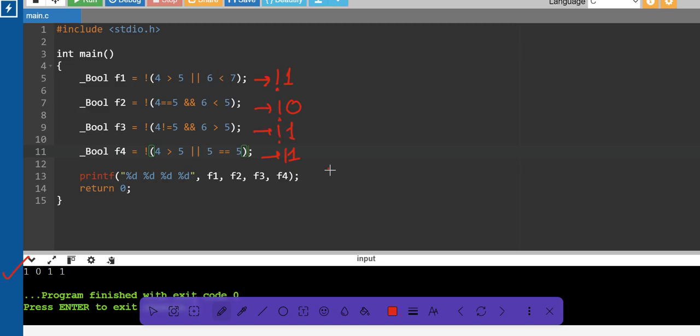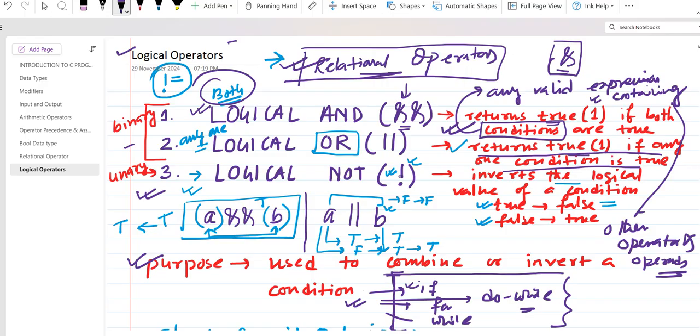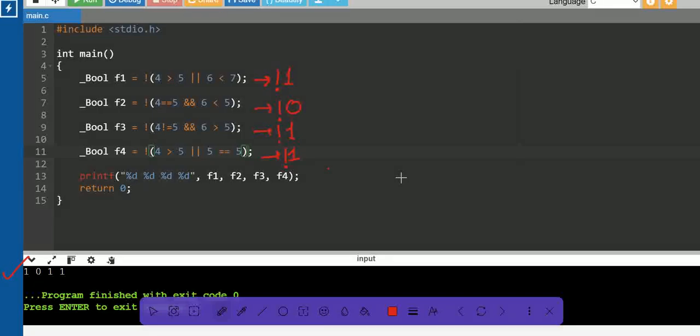Let's go back to the theory. What is the purpose of logical NOT? I have written: inverse the logical value of a condition, true becomes false and false becomes true. So it will now become false, it will now become true, it will also become false, it will also become false. So now this one will be our final output.